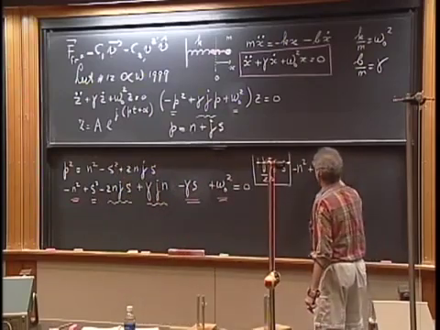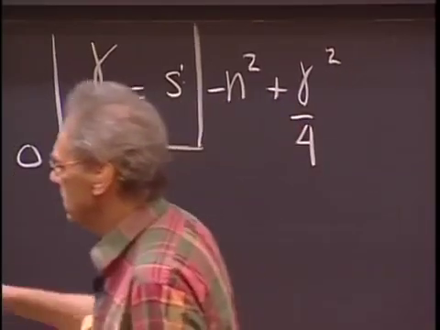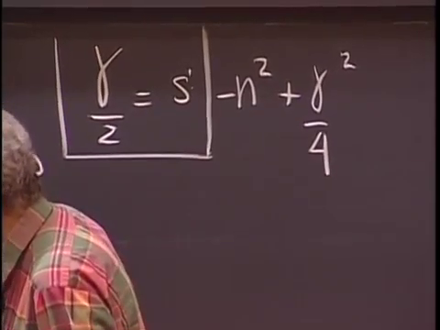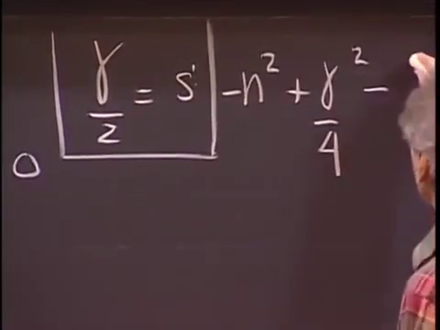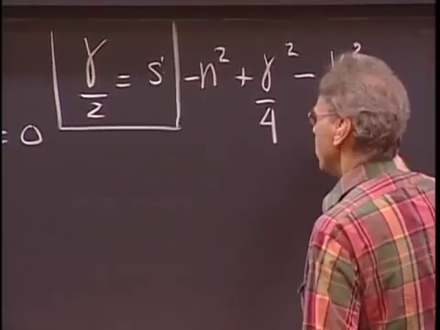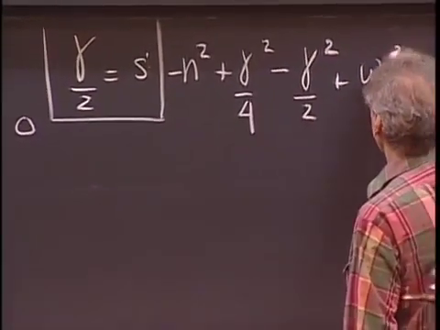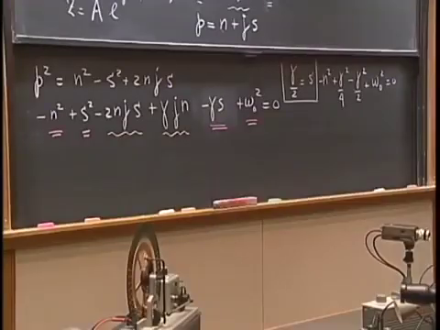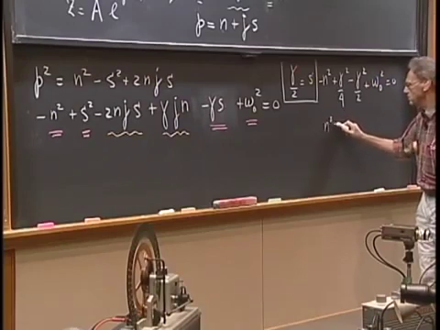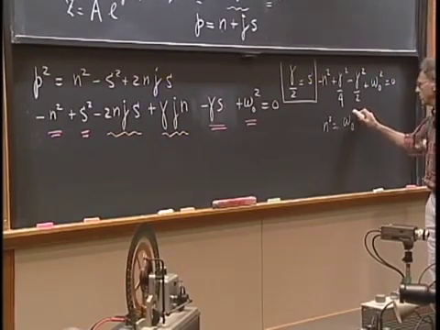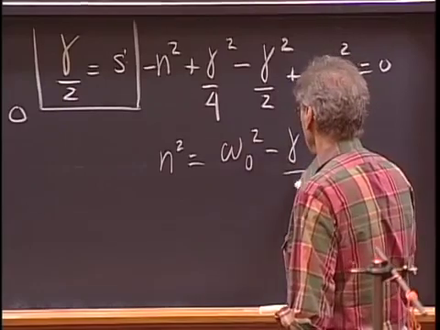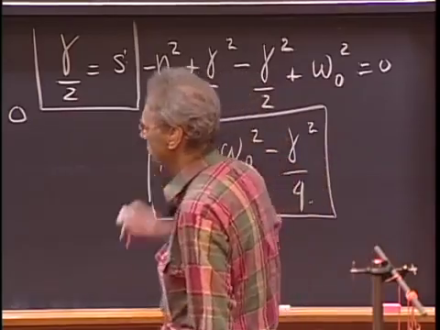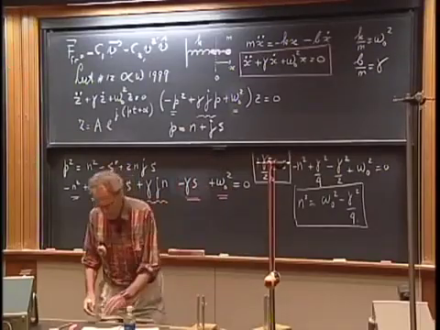So plus gamma squared over 4 minus gamma over 2 times minus gamma times s, which is minus gamma squared over 2, minus gamma squared over 2 plus omega 0 squared equals 0. And that means that n squared is omega 0 squared minus gamma squared over 4. So we now have n, and we have s.